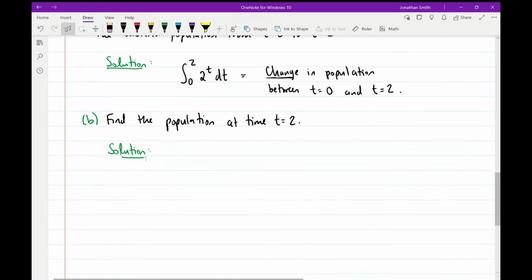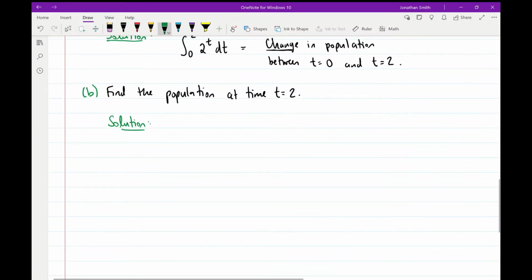So back in OneNote, we found that this integral from 0 to 2 of 2 to the t dt was equal to 4.328 using Desmos.